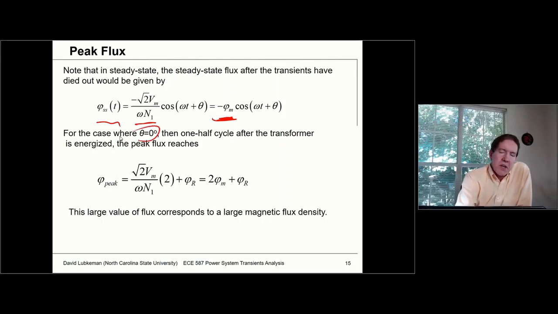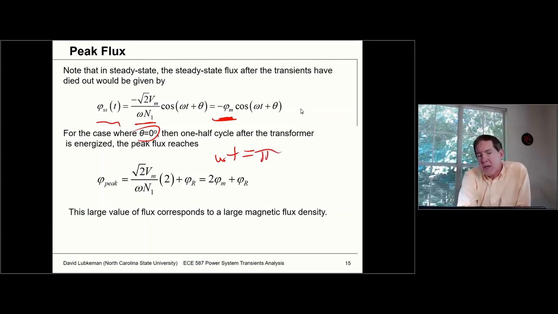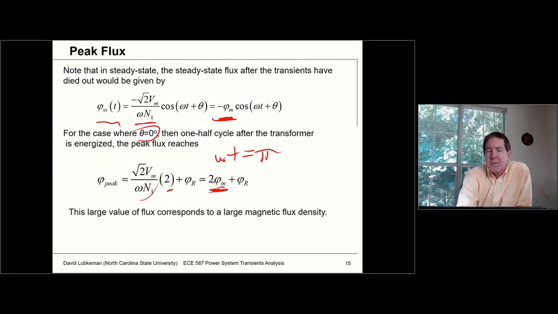For the case where theta is equal to 0, when I go through half a cycle, in other words when omega t is equal to pi, the peak flux is going to be square root of 2 times Vm over omega N1 times 2 plus theta r, where this particular quantity corresponds to the magnitude of the steady state flux.